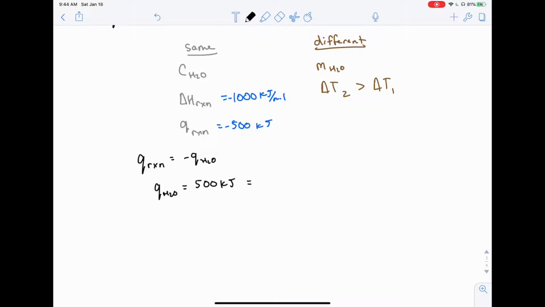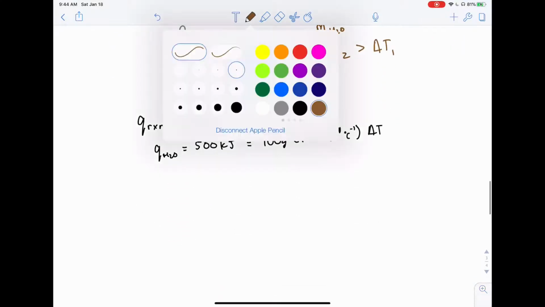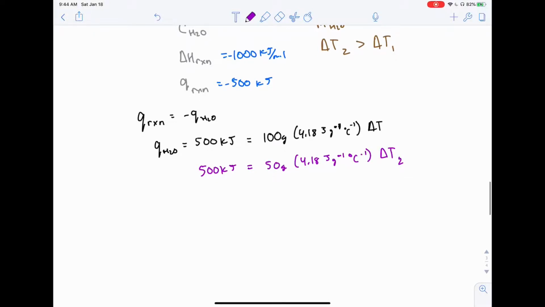So m in reaction 1 is 100 grams, times 4.18 joules per gram degrees Celsius, times change in T. And in reaction 2, it would be 500 kilojoules equals 50 grams times 4.18 joules per gram degrees Celsius times this. Any comments?